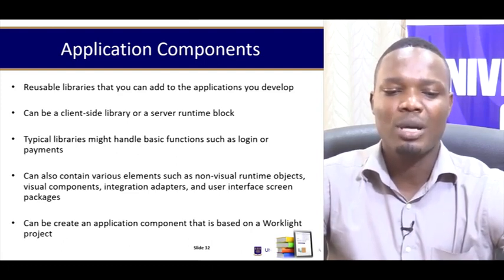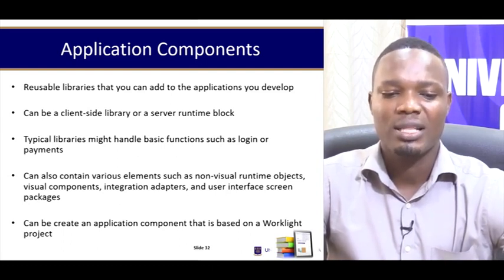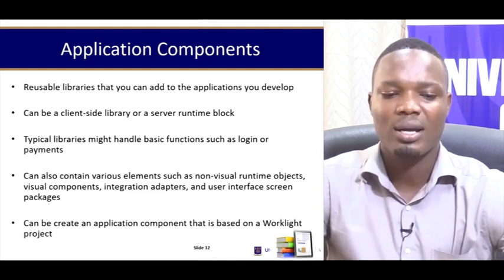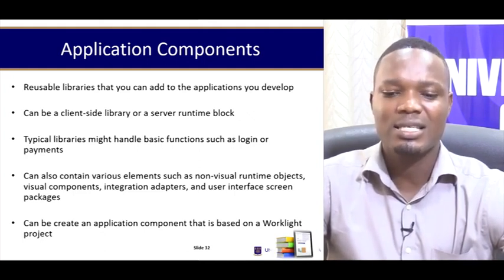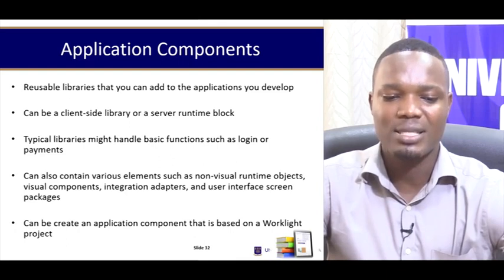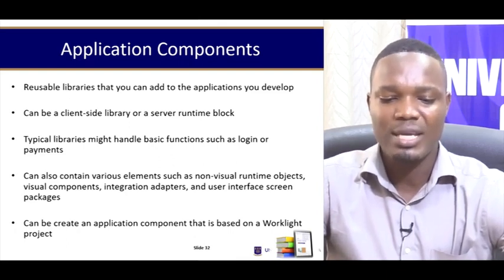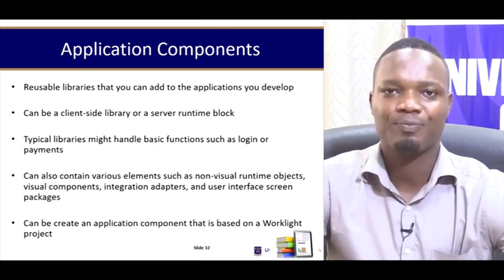They provide reusable libraries that you can add to the application you develop. It can be a client-side library or a server runtime block. Typical libraries might handle basic functions such as login or payments. It can be used to create an application component that is based on a Worklight project.